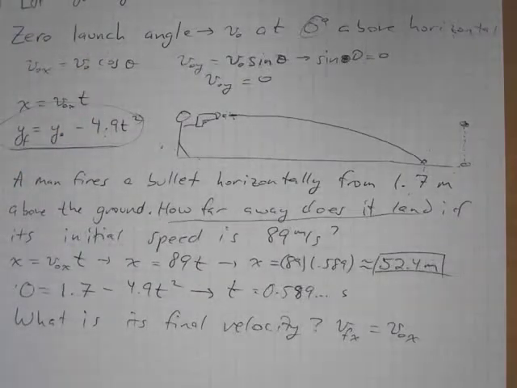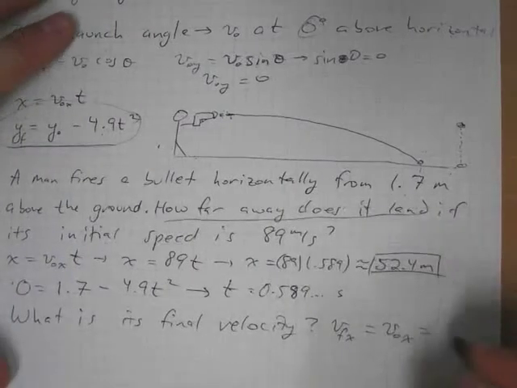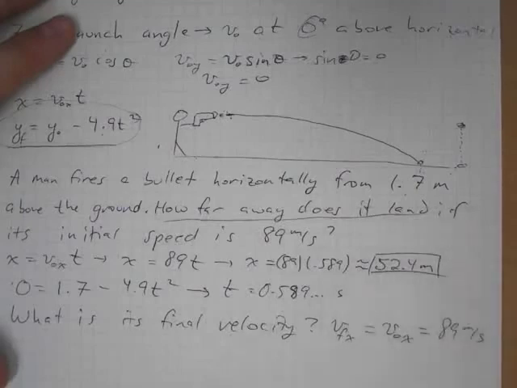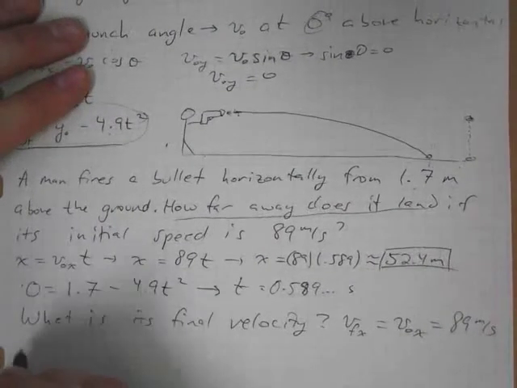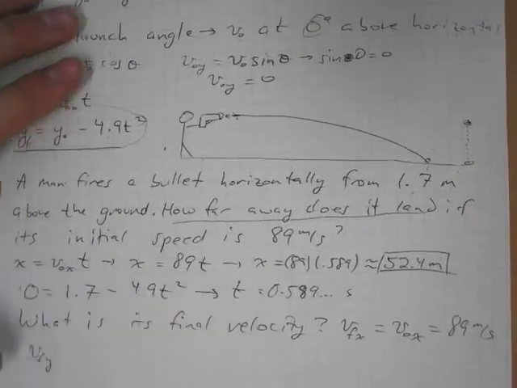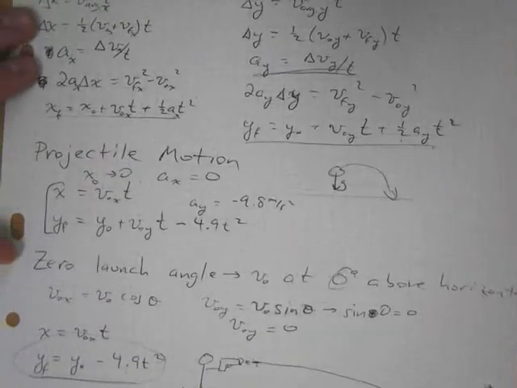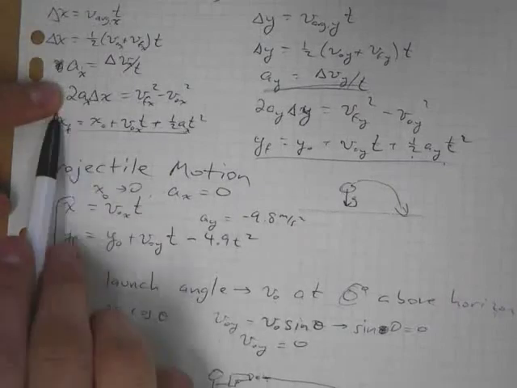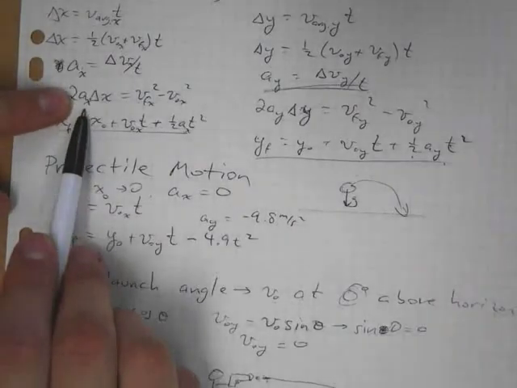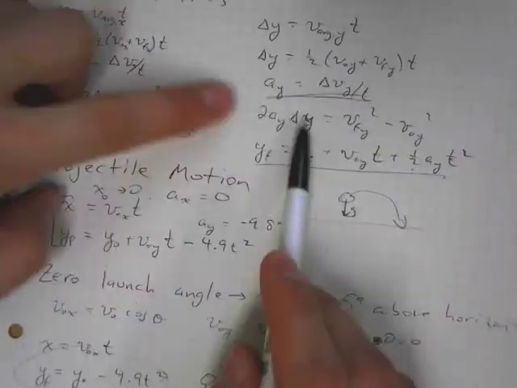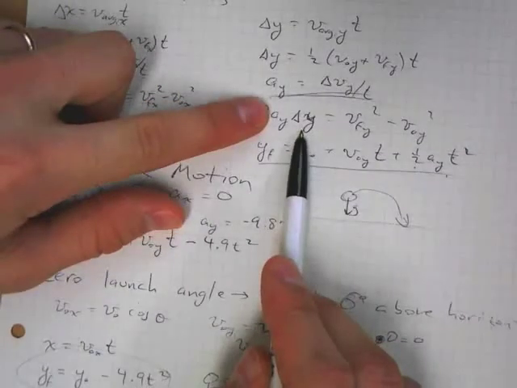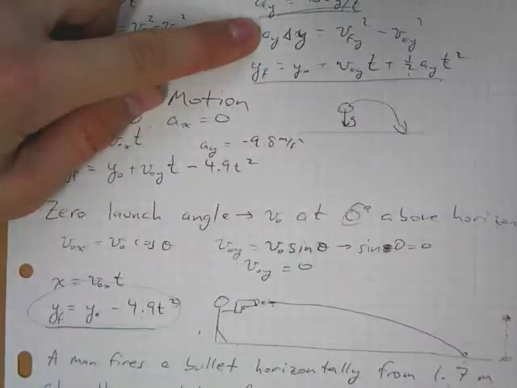89 meters per second. Well, we also want to find the final y. And how can we go about doing that? Well, I see that we know our acceleration in the y direction is minus 9.8. We know our change in y, actually I'll go over here, is that height difference, which was, what, 1.7 meters. We know our v naught y is 0, we know v final y, so we could do that.